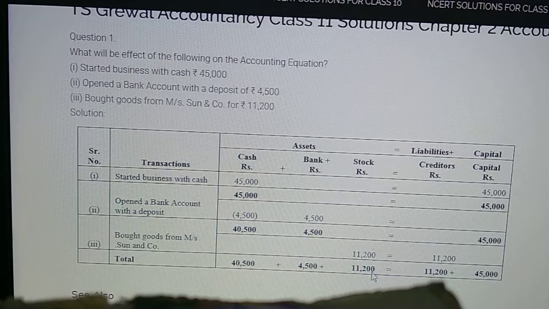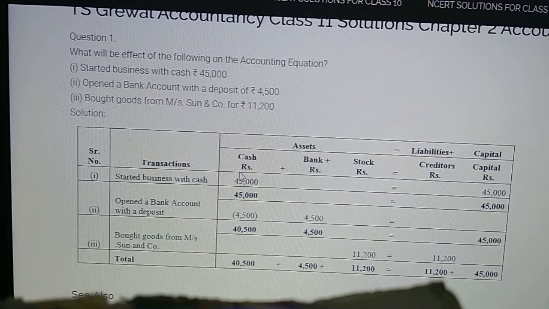Nothing is going to reduce from the assets, and you are not getting any profit or loss. The capital we do not have, but we need to pay 11,200. So the liability has creditors 11,200 plus capital 45,000. So this is the first example.